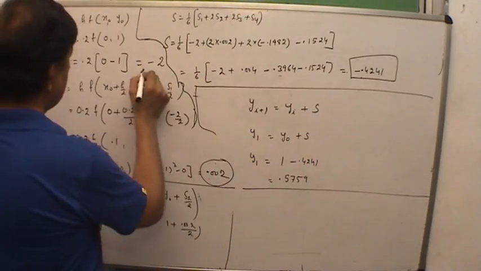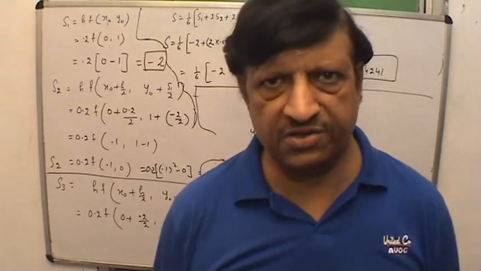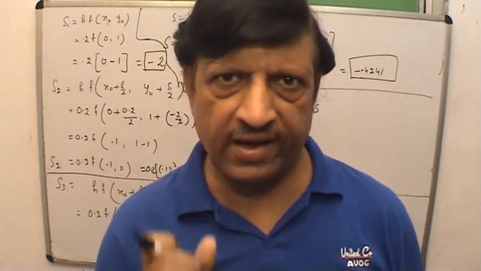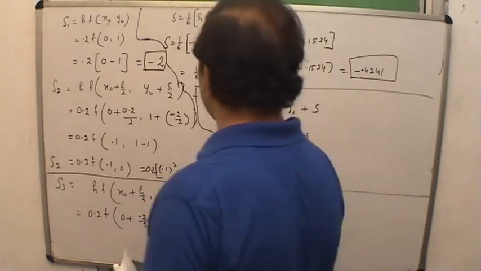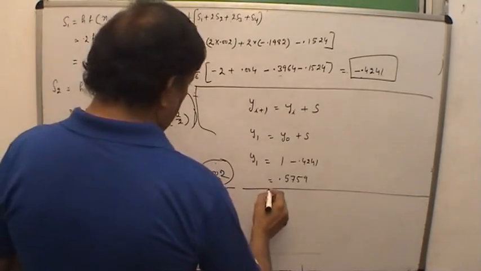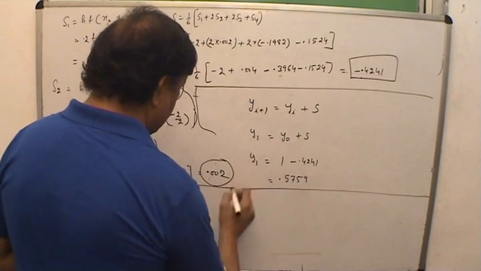Now here S1 is minus 2, not decimal 2. It is minus 2, an integral value, minus 2. And for the next step, now we have here x1 and y1.